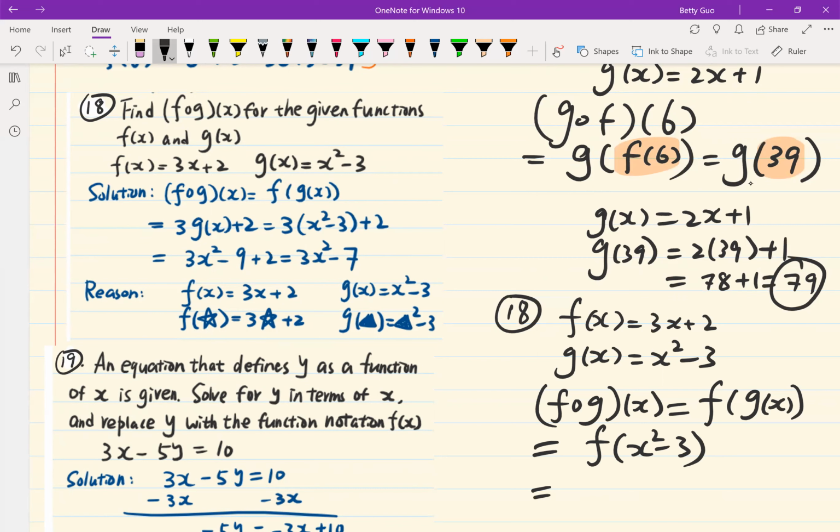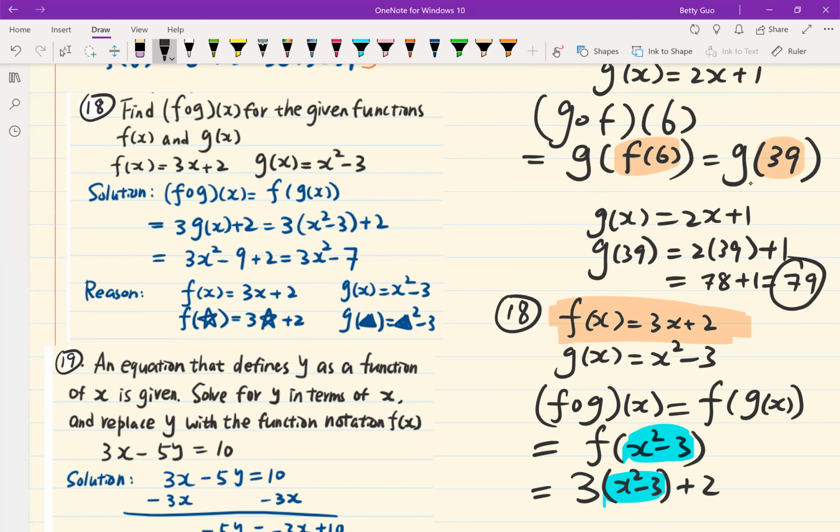For function f, since the output always equals 3 times the input plus 2, we would have f of the input, let's say the input is colored blue, equals 3 times the input plus 2.